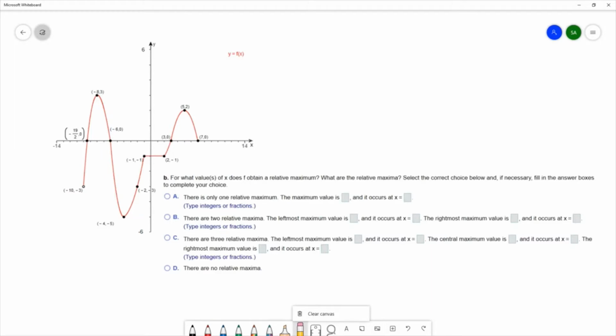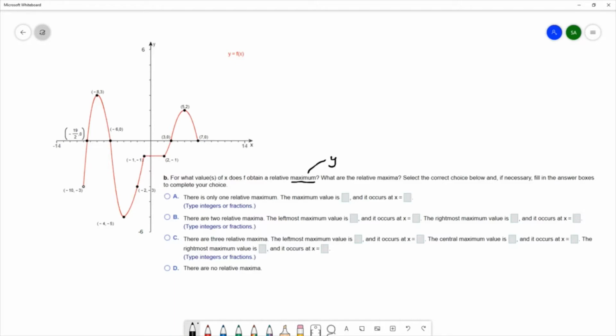In the next part of this question it says, for what values of x does f obtain a relative maximum? What are the relative maxima? Select the correct choices below, and if necessary, fill in the answer boxes to complete your choices. So for finding a relative maximum, this word maximum is describing y.